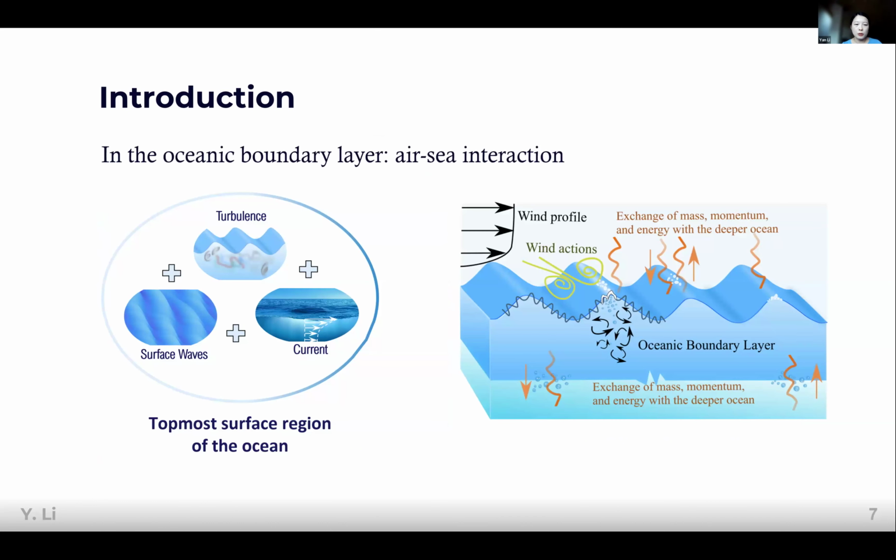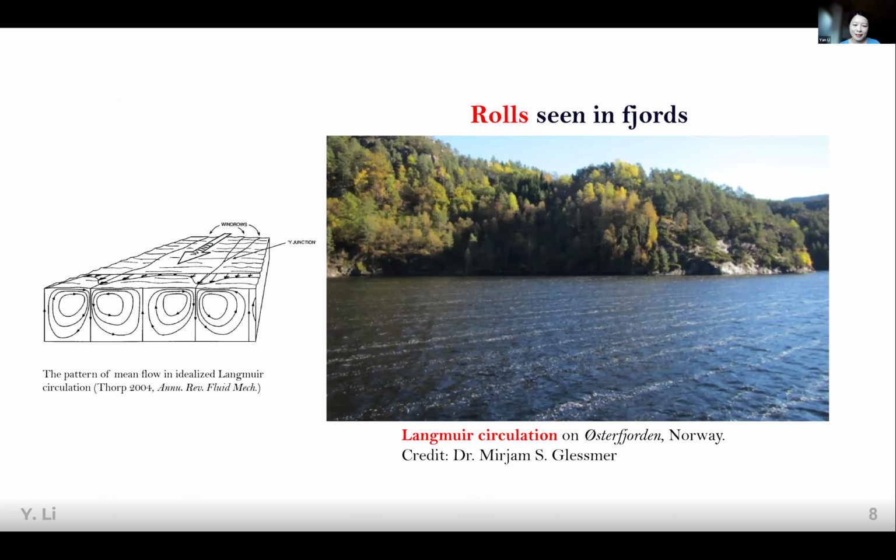This system can also be used to, for instance, understand air-ocean interaction and how the upper ocean interacts with the atmosphere and also the deeper ocean. I also decided to include this amazing phenomenon, Langmuir circulation. Thanks to Delphine, I do not really have to go through this.